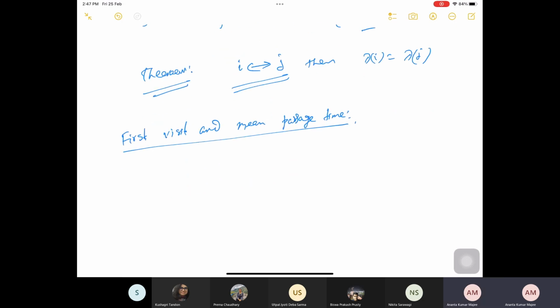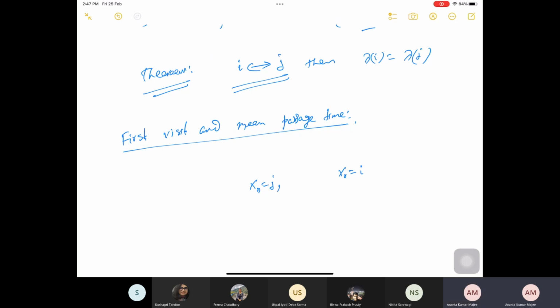So what does that mean? Now suppose you start with state I. Okay, so initially you start with state I. You want to visit at time n the state j. That means X_n equals j for the first time.